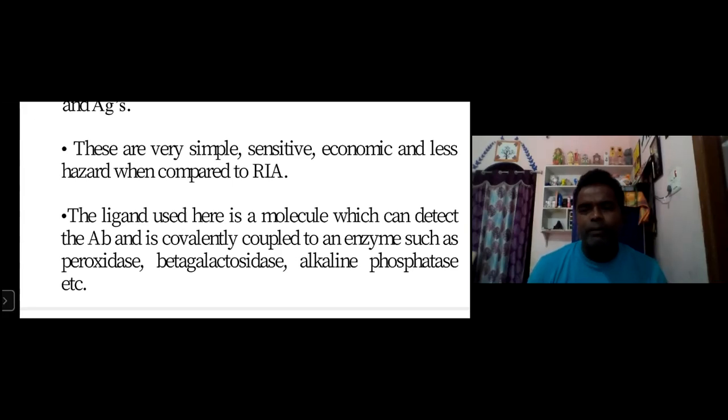It is also useful for identifying Plasmodium vivax and many viral diseases in plants, and to purify antigens and antibodies. The enzymes we use here are peroxidase, beta galactosidase, alkaline phosphatase, etc.